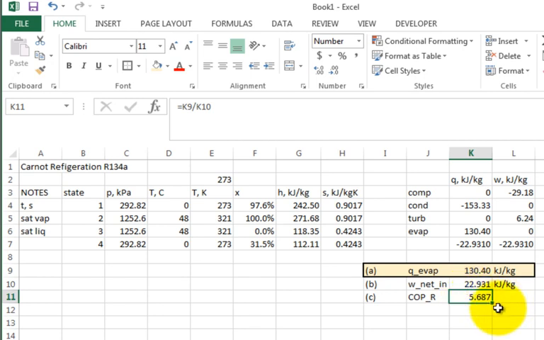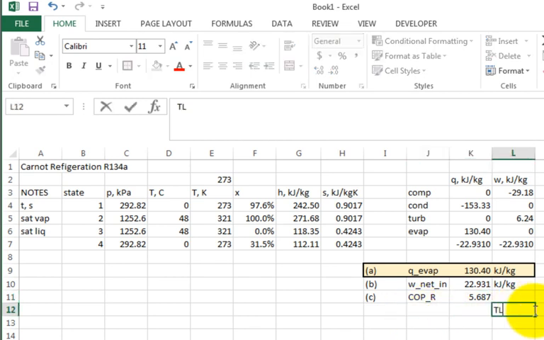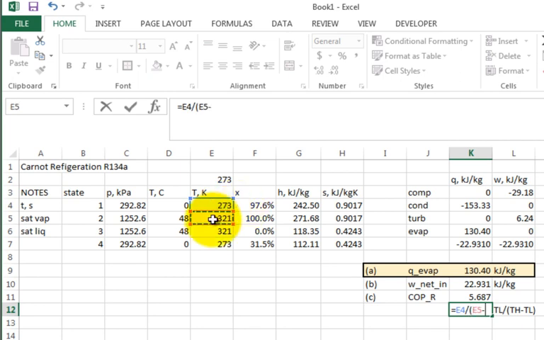All right, so let's go ahead and use our simple analytic expression, which is TL divided by TH minus TL. Remember that? Sure. So we have to put in Kelvin. So there's our TL. We divide it by TH minus TL.